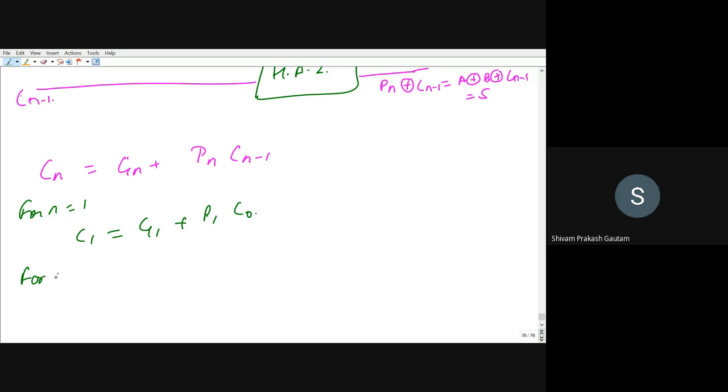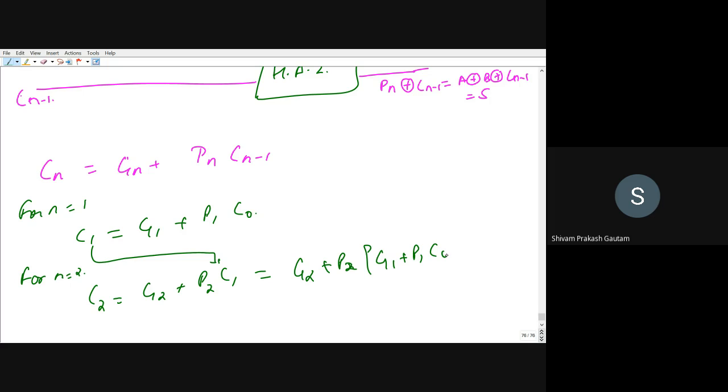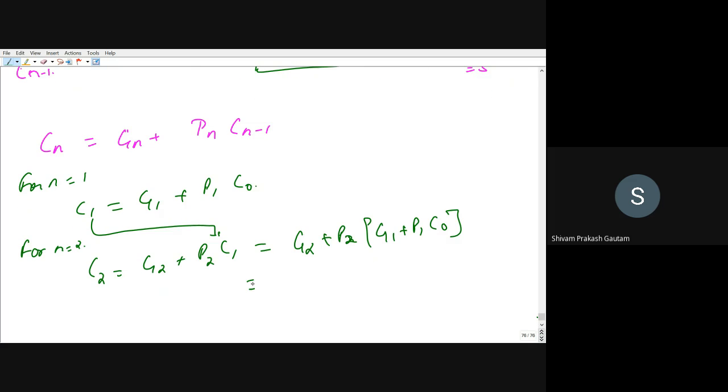For n equal to 2, C2 will be equal to G2 plus P2 into C1. Now the value of C1 you have to put from here to here. Substituting, this will be G2 plus P2 into G1 plus P1 into C0. So this will be equal to G2 plus P2 G1 plus P2 P1 into C0.